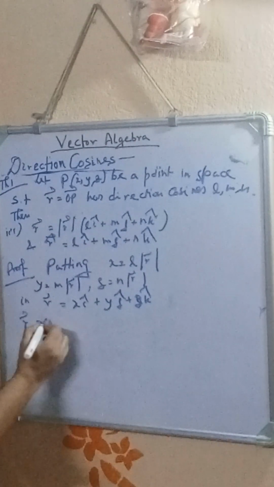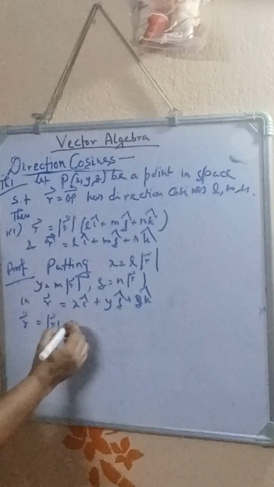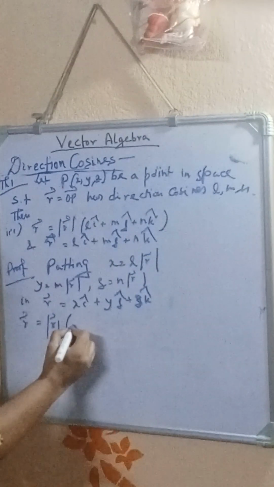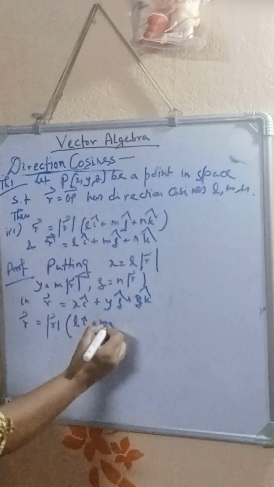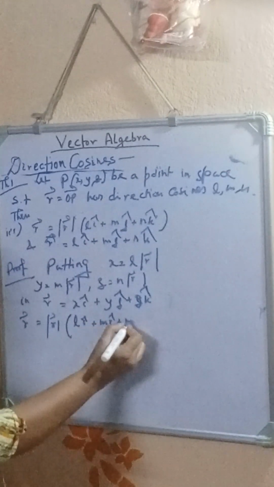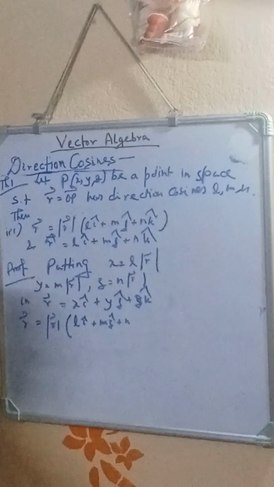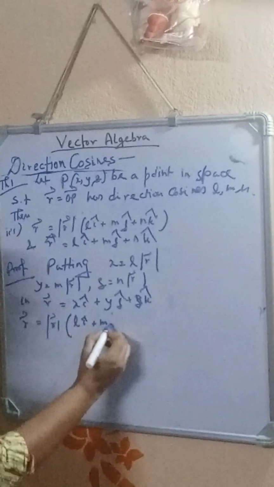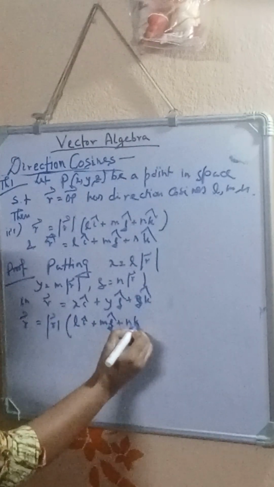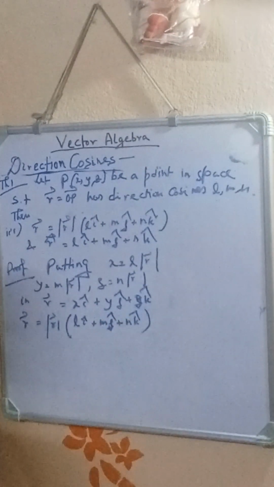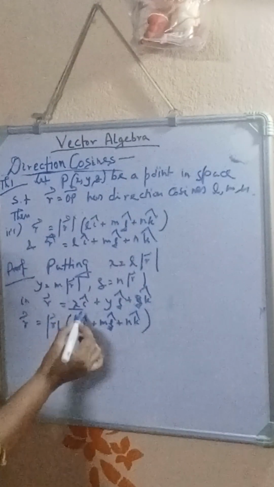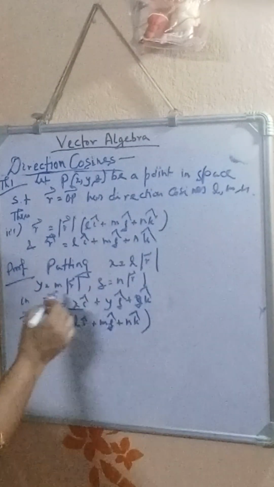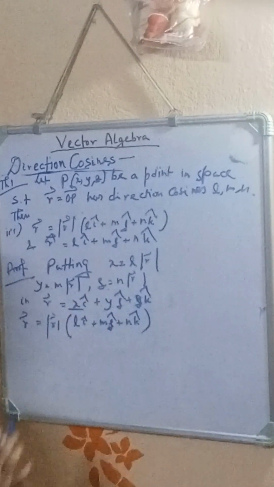r vector equal to |r|(l i cap plus m j cap plus n k cap), putting x equal to l|r|, y equal to m|r| and z equal to n|r|.